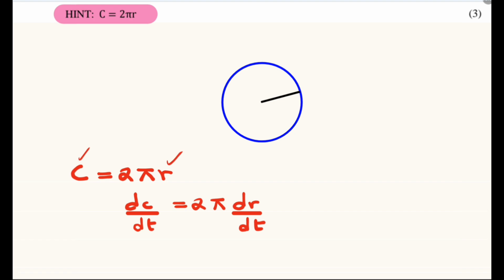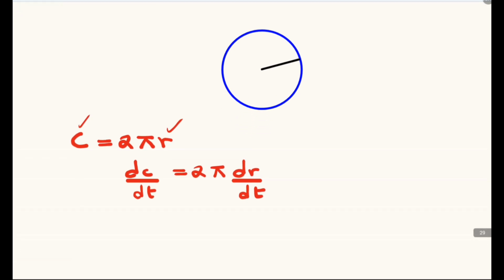The dC divided by dt is the speed of the circumference, and dr divided by dt is the speed of the radius. So dC divided by dt will be equal to 2 pi.